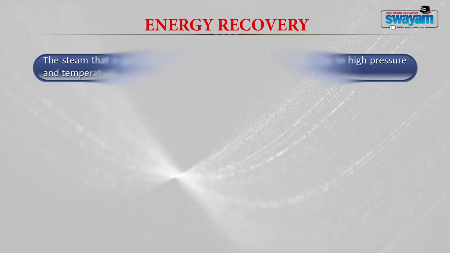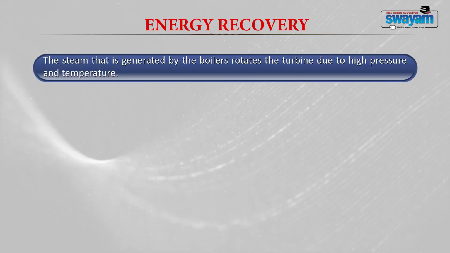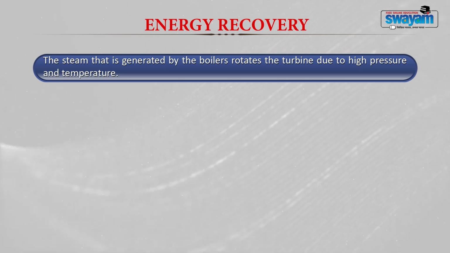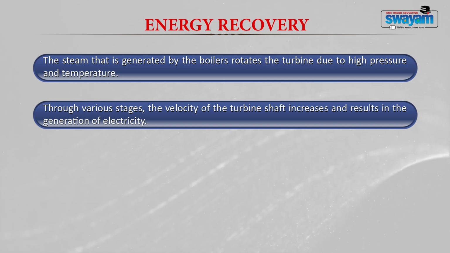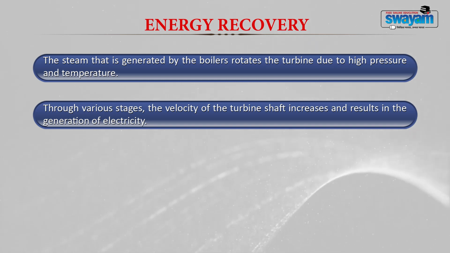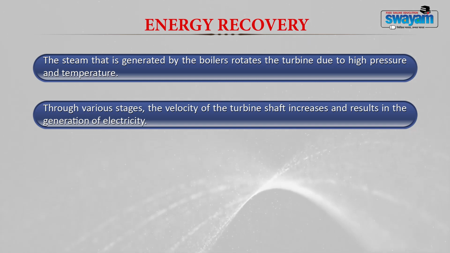The last main area in mass incinerators is energy recovery. As I told you earlier and showed you in the figure, the steam generated by the boilers rotates the turbine due to very high pressure and temperature, and through various stages the velocity of the turbine shaft increases and results in the generation of electricity.